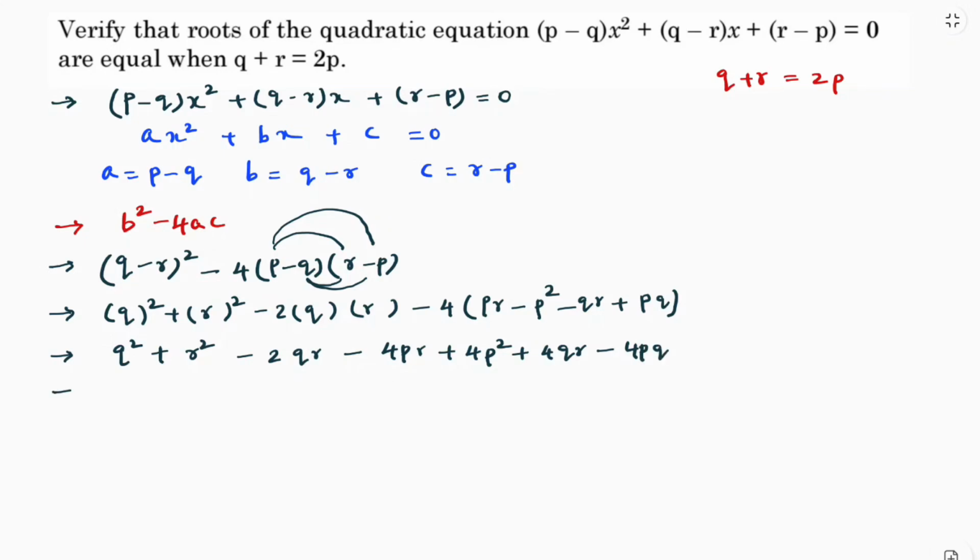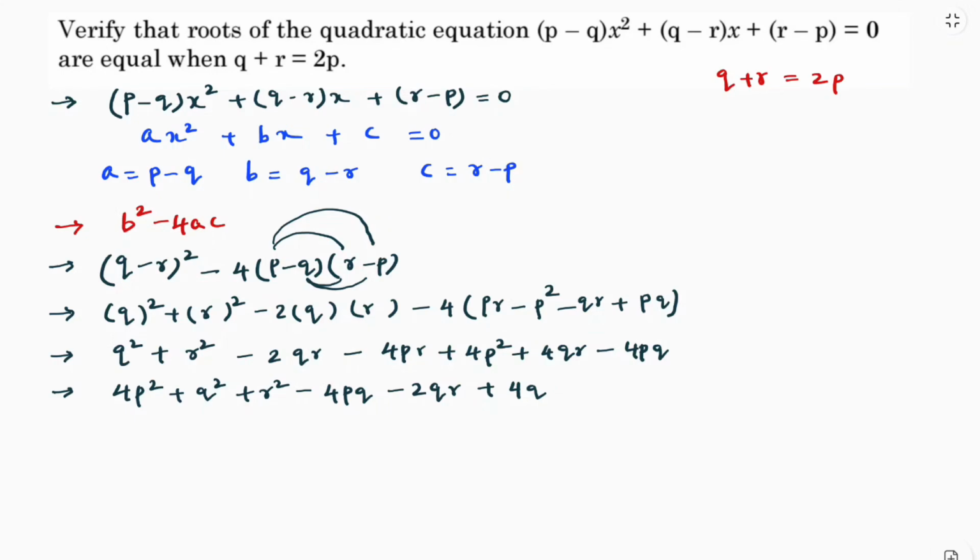So now if I rearrange this in order, 4p square plus q square plus r square minus 4pq, minus 2qr plus 4qr.